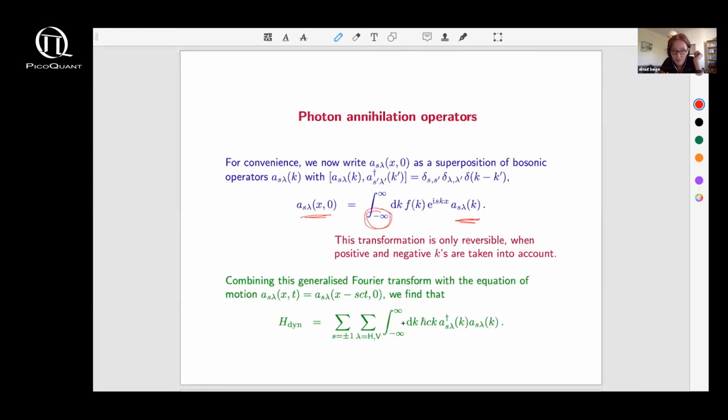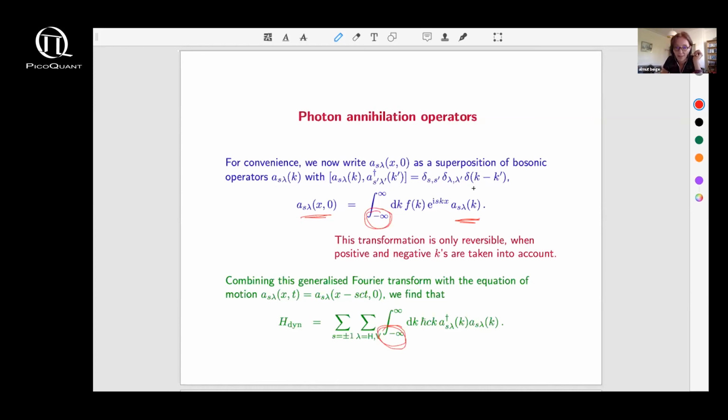The only difference again is that we now integrate over a k that goes from -infinity to infinity. And we don't have only positive eigenvalues, we have positive and negative eigenvalues, but that's okay because we gave up on the energy of the system and the dynamical Hamiltonian to be the same.